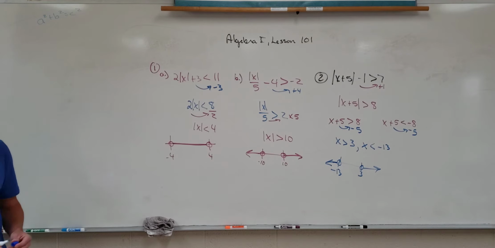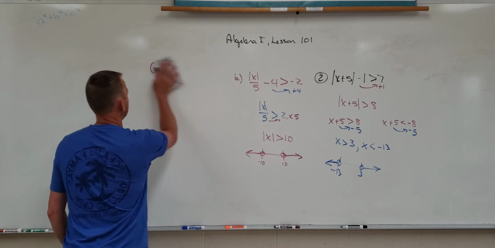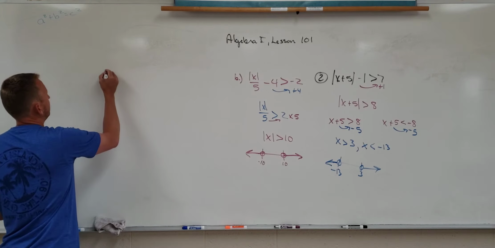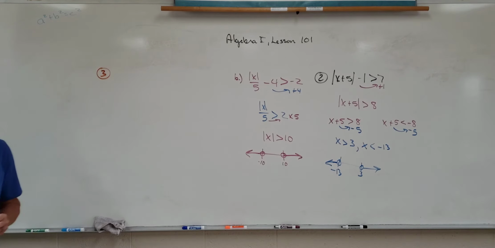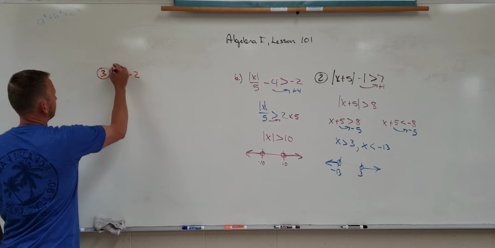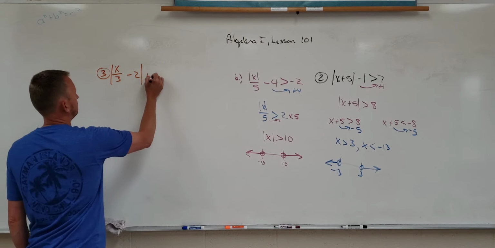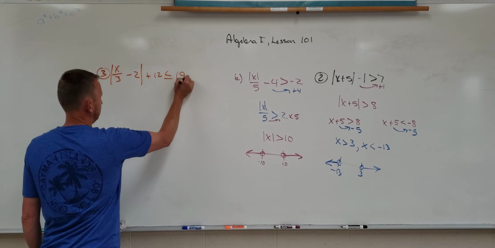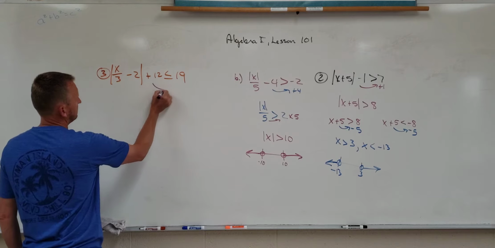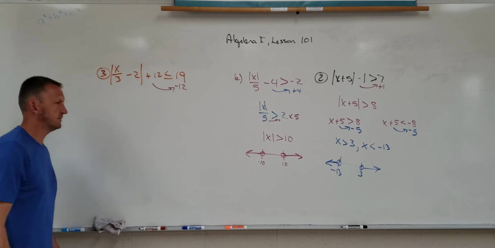Example 3, we get a little bit more complicated. Example 3. We have x over 3 minus 2, that's in the absolute value, plus 12, less than or equal to 19. 12 over and addition, so I need to subtract.